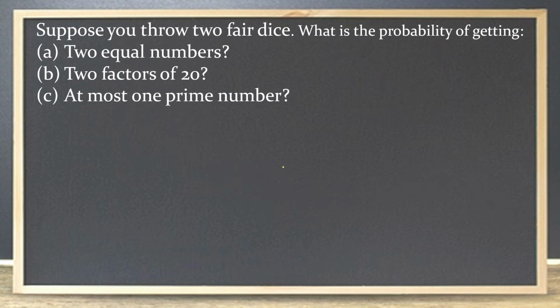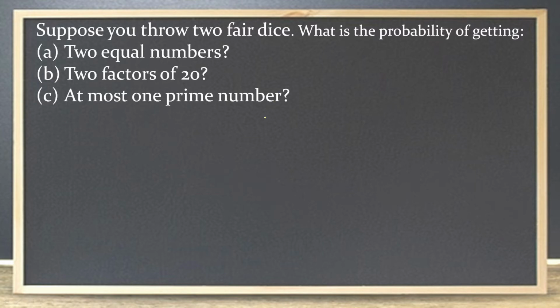Suppose you throw two fair dice. What is the probability of getting A, two equal numbers, B, two factors of 20, C, at most one prime number? So you have two fair dice.